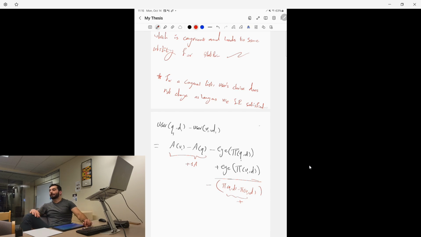The funny thing here is that if you are sorting and we know the order of the things, then the user only cares about the first two elements on the list.